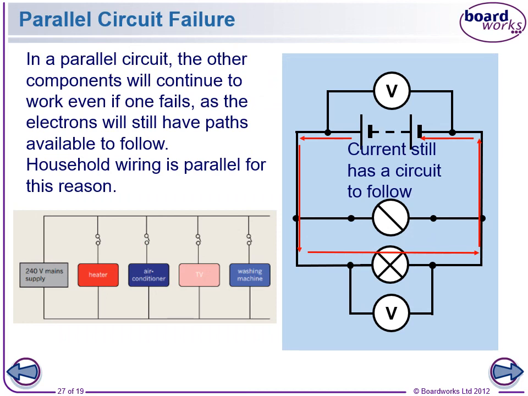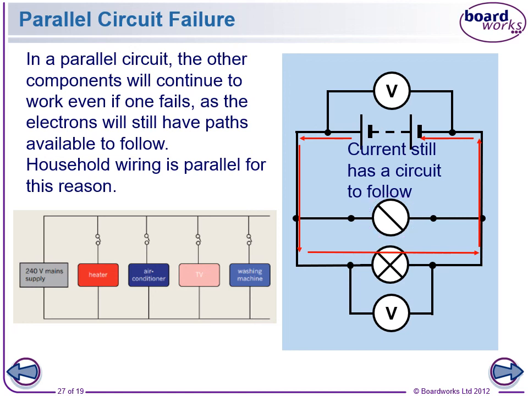Conversely, in a parallel circuit, everything that doesn't die will still work because the current still has a path to flow. So again, here is our burnt out globe. Current can no longer go through this loop. That's fine because it can still follow the red arrows. It still has another path that it can follow.